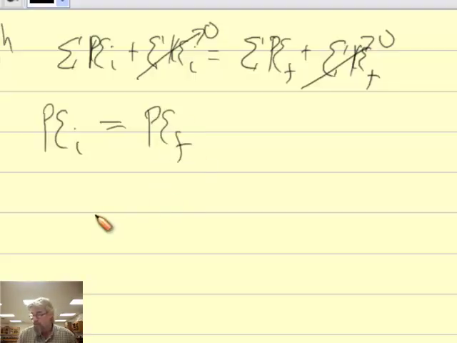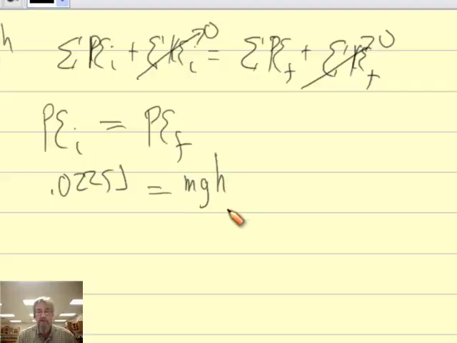And the problem tells me that my initial PE here was equal to 0.0225 joules. My final potential energy, well, it's gravitational potential energy, and that's just mgh. So if I want to know how high this is, it's just 0.0225 joules divided by m times g.